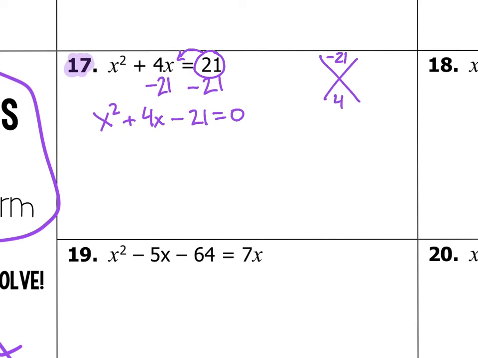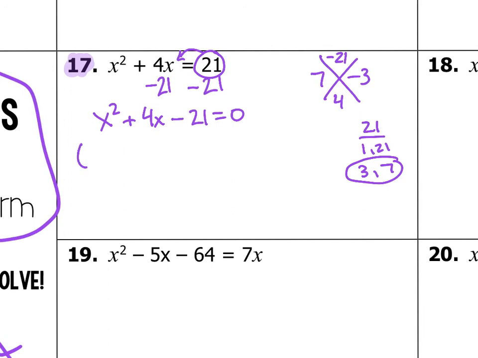So we need to find factors of 21 that either have a sum of 4 or a difference of 4? And I already know 1 times 21. Okay, no. 3 times 7 will be the other one. Well, guess what? 7 and 3. How do I get a positive 4? 7 minus 3. And believe it or not, that works because 7 times negative 3 gets us the negative 21. So this is perfect. This is exactly what we wanted.